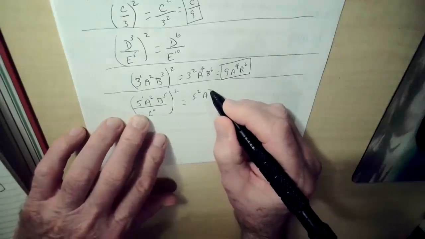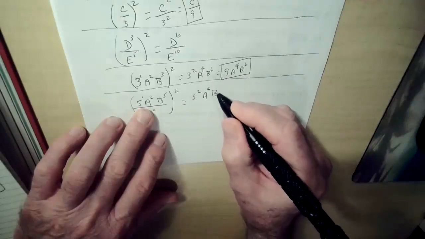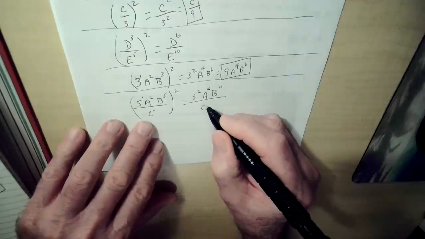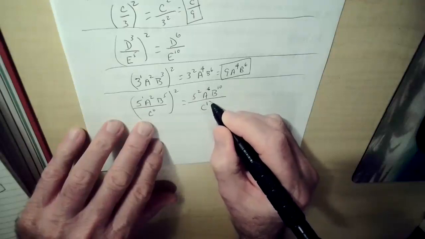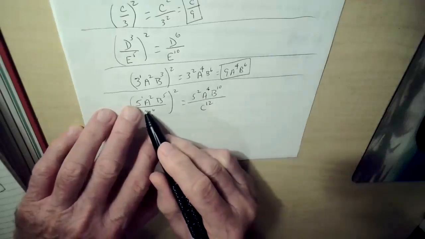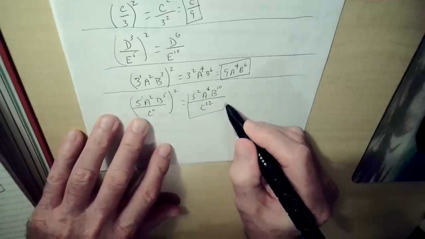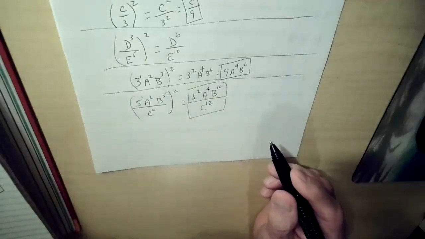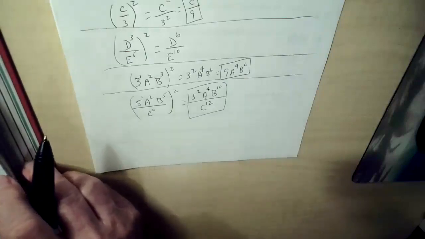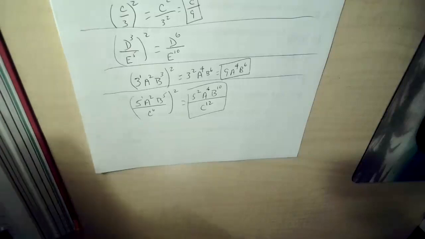This is going to be equal to 5 squared, because remember the exponent on the 5 is 1, a to the 4th, 2 times 2, b to the 10th over c to the 12th. All right?